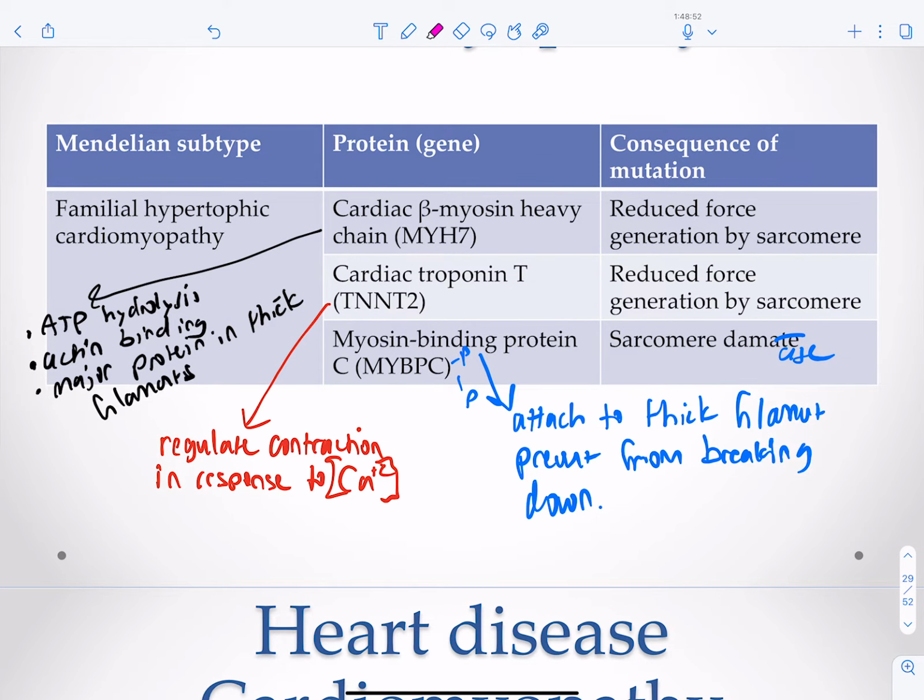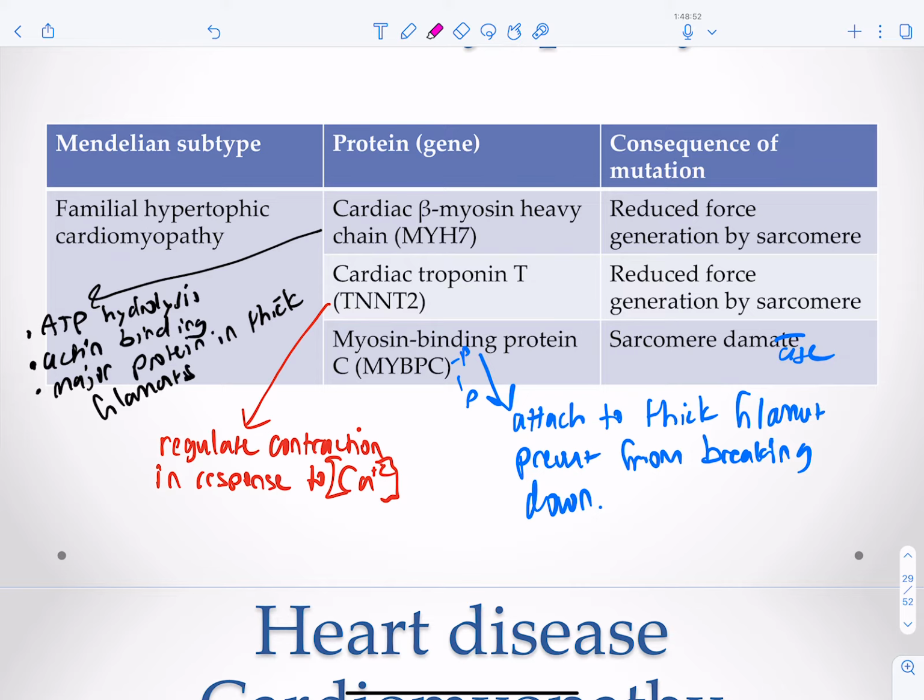We have cardiac beta myosin heavy chain. And so this is important, of course, in thick filaments. You have actin binding and ATP hydrolysis. And so if you have a loss of function, then you're going to have reduced force by your sarcomere.